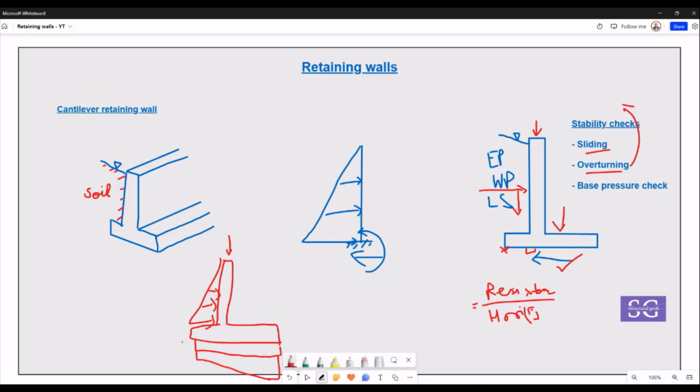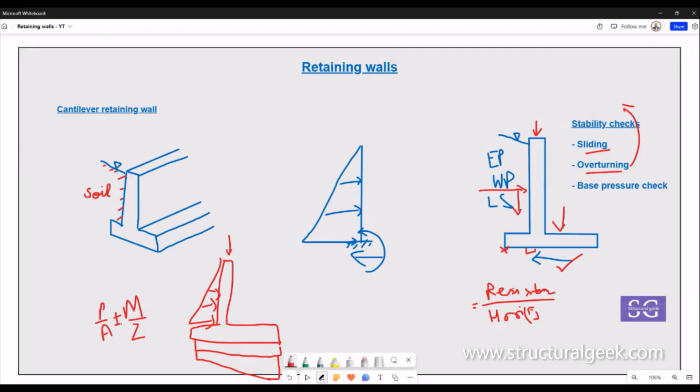So overall the base pressure will be made of two components, which is P by A, because of the vertical load, and plus minus M by Z. M over here will be the overturning moment that we have got, and Z will be the section modulus of the base.